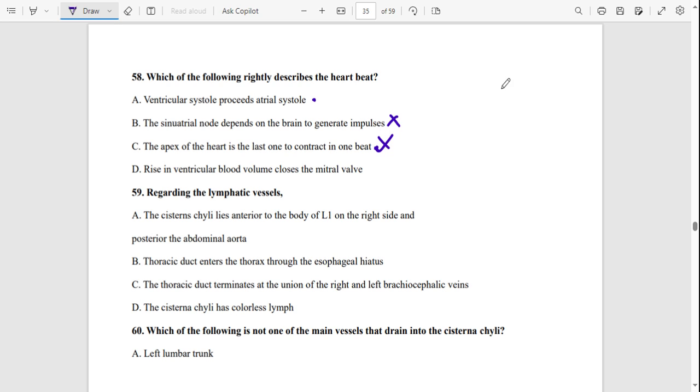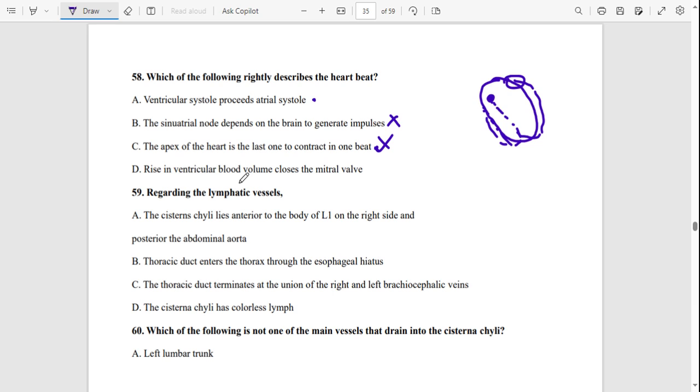It's not the last one to contract. Look at this. When the heart is oriented somewhere like that, depolarization is going to start here, and then the action potential will spread like this. Okay, because you have got Purkinje fibers going all the way up to there. So expect the ends where the Purkinje fibers are to be the last ones to contract. So that statement is not true.